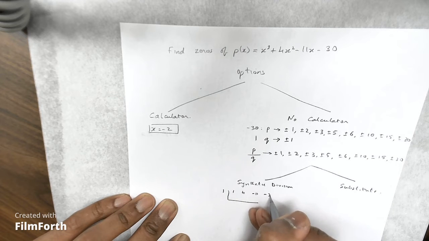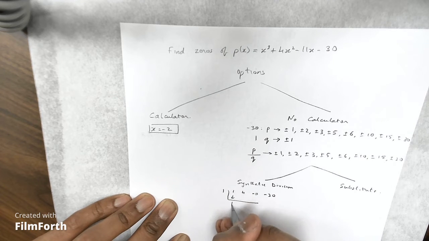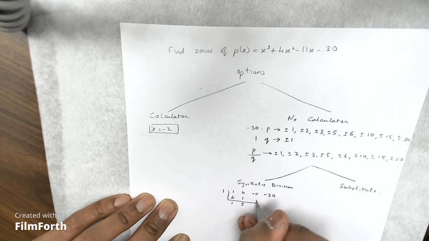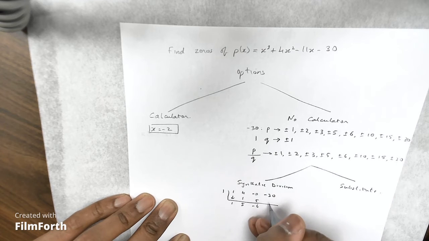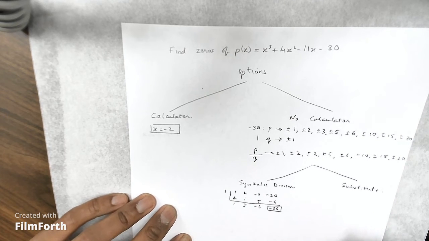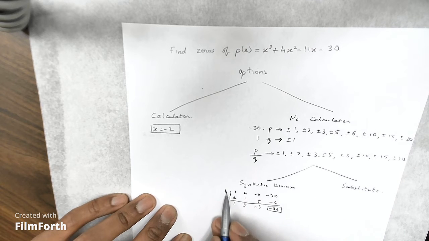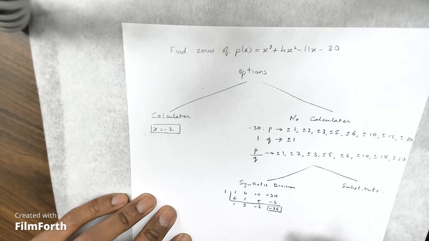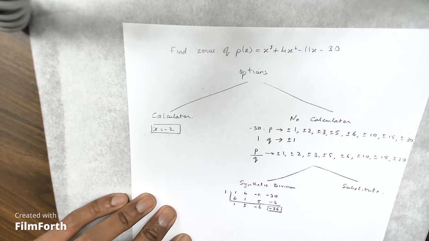So 1, 5, and now we have -36. It is not 0. That means we don't have a factor, so this is not a root. Also, I'm using the word root and factor interchangeably. I will get to that soon.